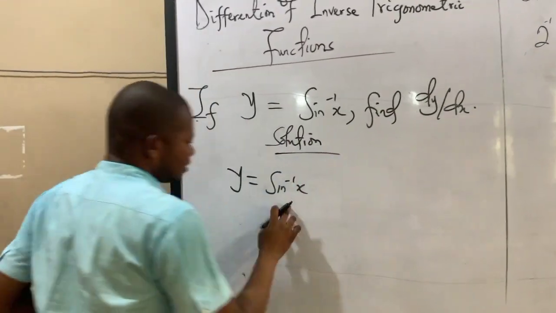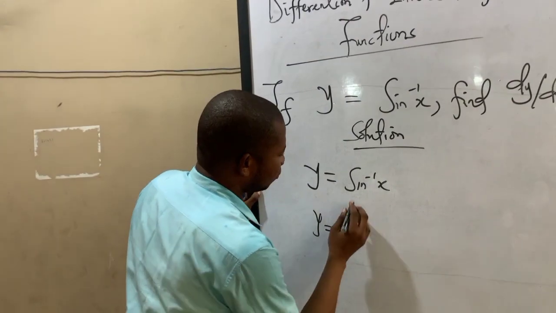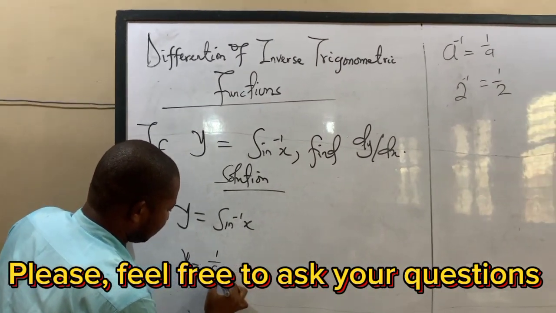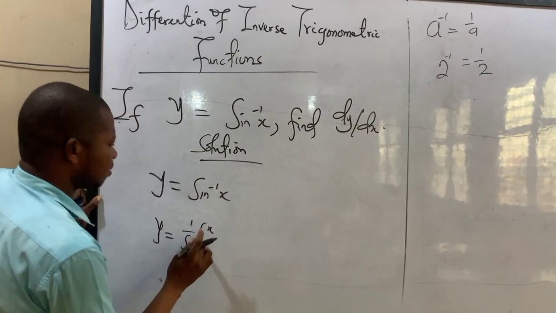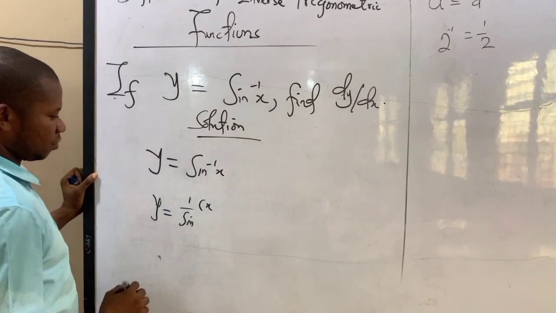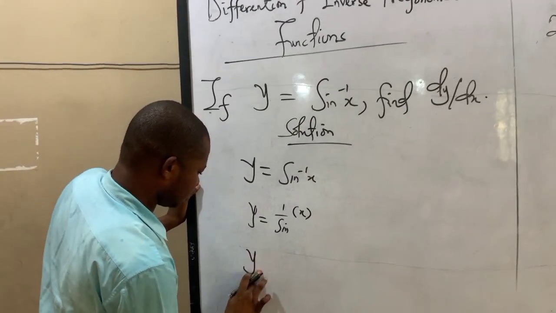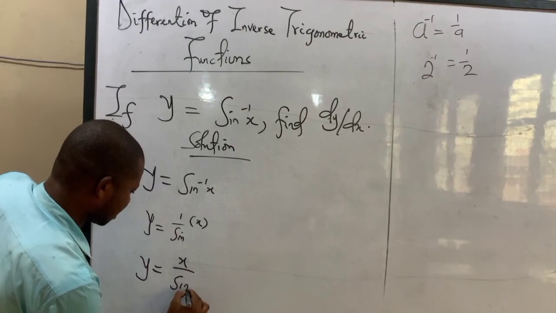So this means y is equal to 1 over sine, multiplied by x, which gives us y is equal to x over sine.